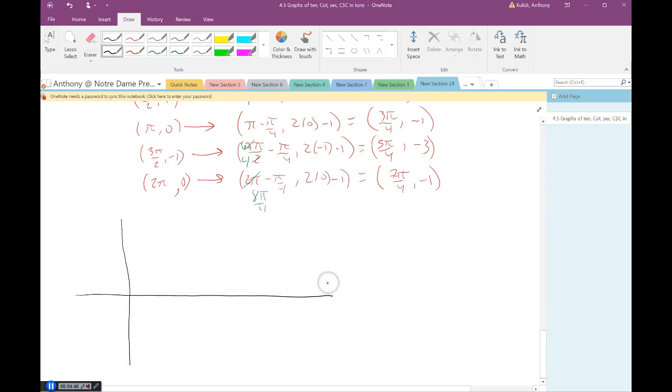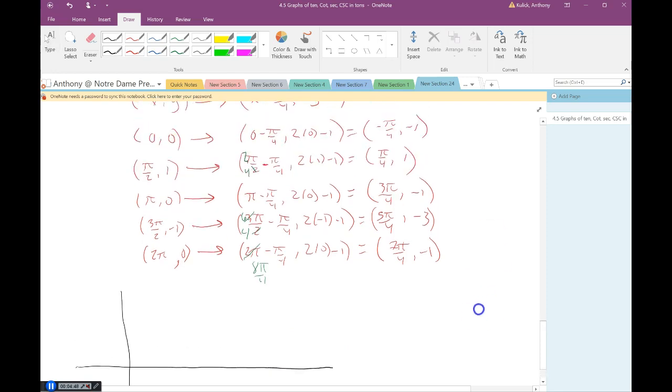So the big question becomes, what do I want to go up by on my x-axis? Notice that all of my x values are fourths of pi. So it seems pretty natural to have the x-axis go up by 1/4 of pi.